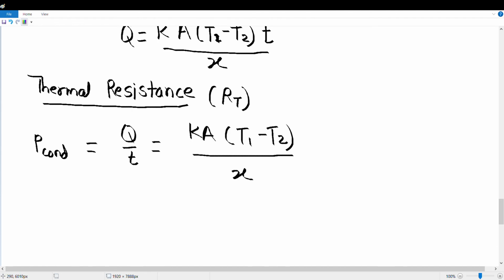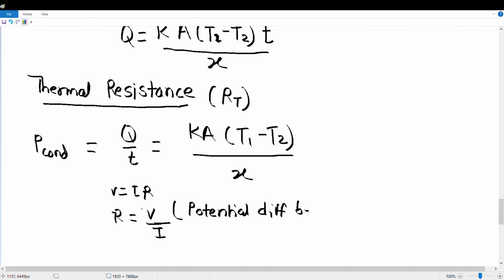To understand the concept of thermal resistance, let us see the electrical resistance. For that, we have to know the formula, Ohm's law. V is equal to I into R. This R is equal to V divided by I. What is this V? V is the potential difference between the ends of the conductor.